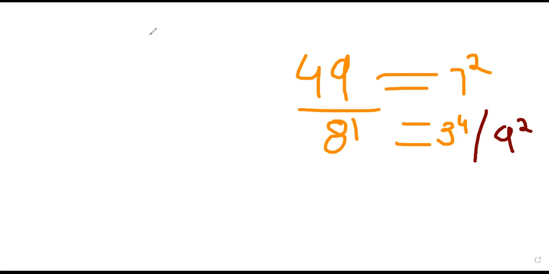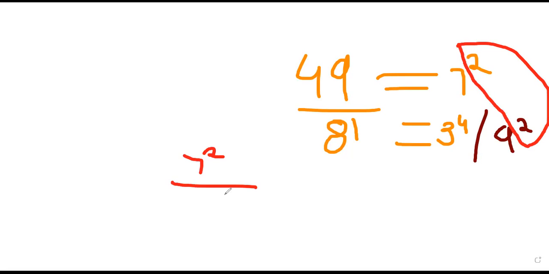Here there is an important rule. We need the power same. Now you must be thinking we can write it like 7 to the power 2 and 3 to the power 4. No, it is completely wrong.